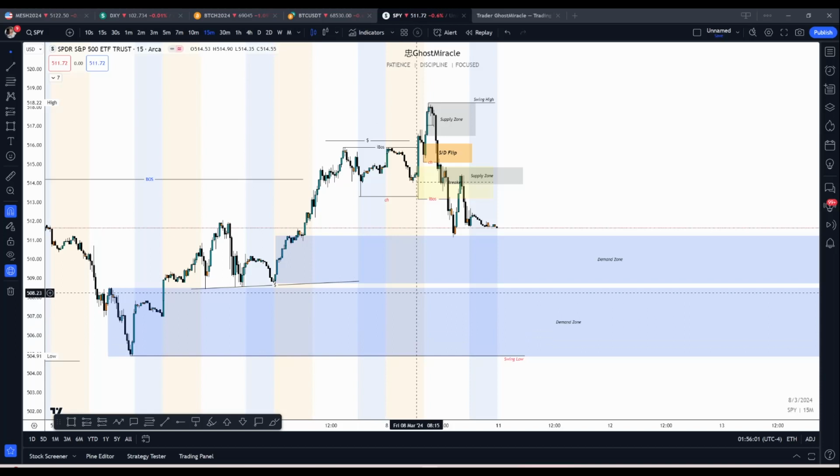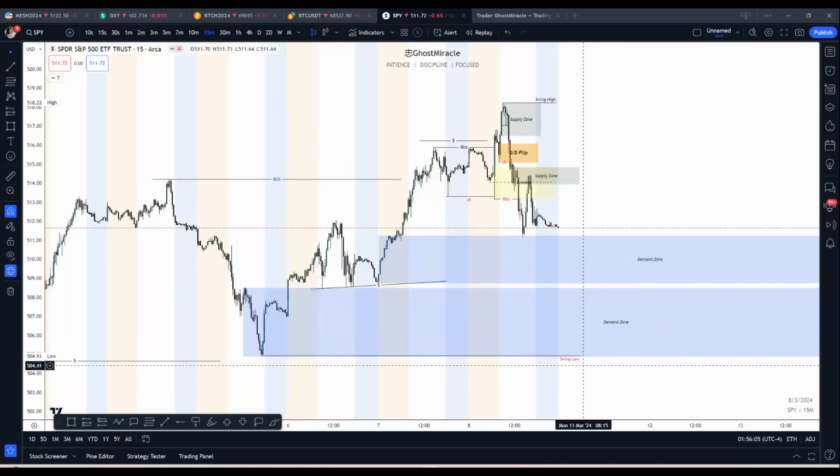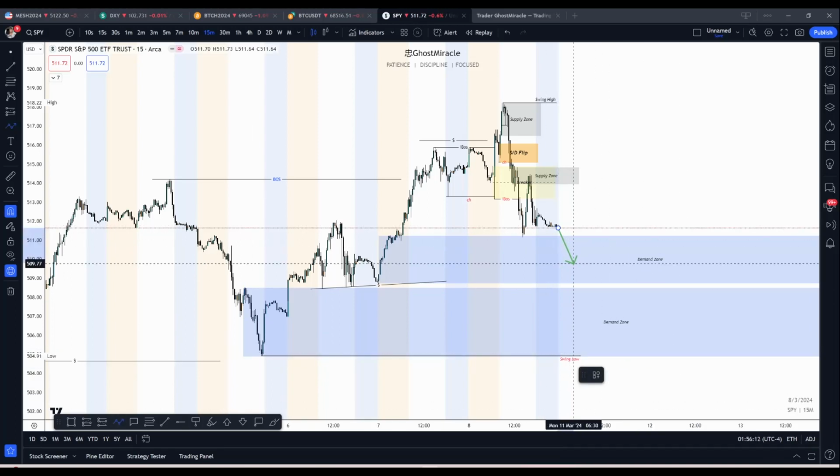And maybe price just wants to continue to come back down and fill all these imbalances. And then you might get a reaction after this low is swept because of these equal lows. So you might get something like this. Price comes down, sweeps these. You get a reaction in this imbalance here to push price back up a little bit.